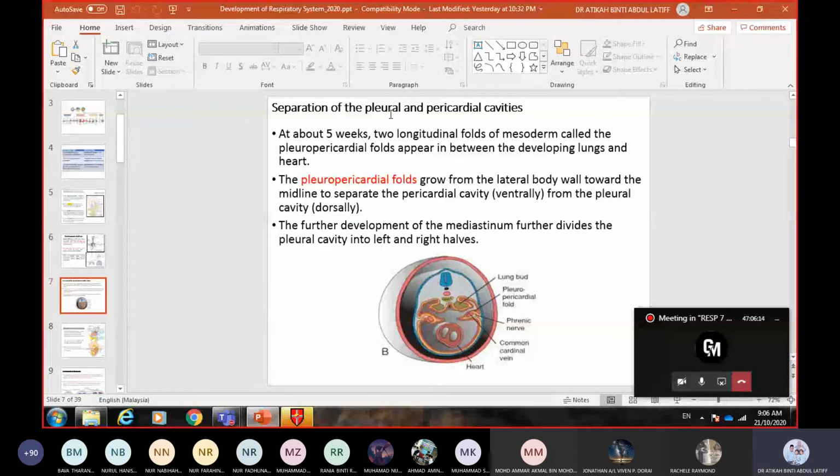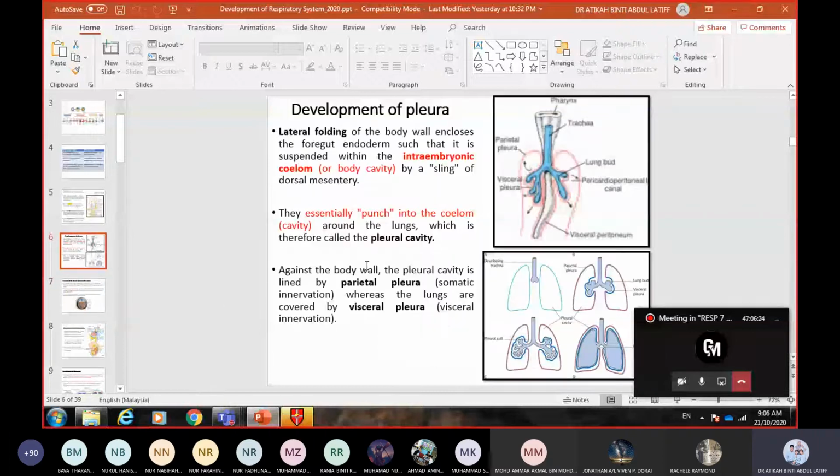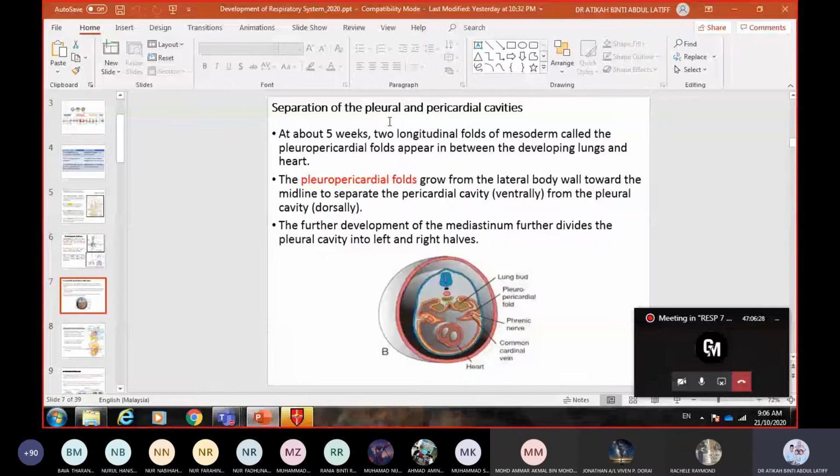Okay, and next is, how does the pleura eventually separate from the pericardial cavities? Okay, so during development, like during this punching out and so on, the pleura lining actually covers both the lungs and also the heart. Okay, as you can see here, the whole lining covers both pleura and the heart as well.